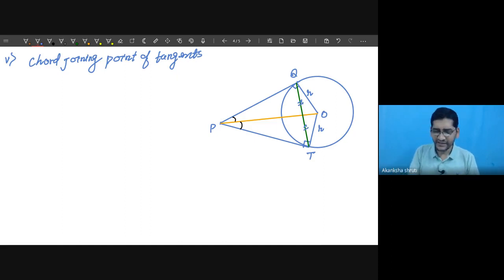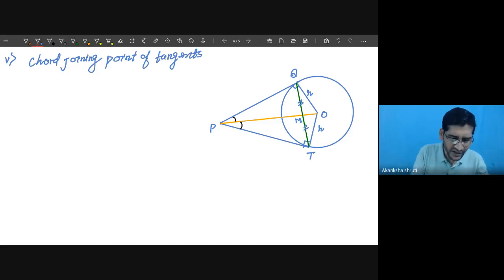So let us consider the line joining the center to the point, OP, intersecting the given chord QT at M. Then this chord QT is perpendicular to OP.